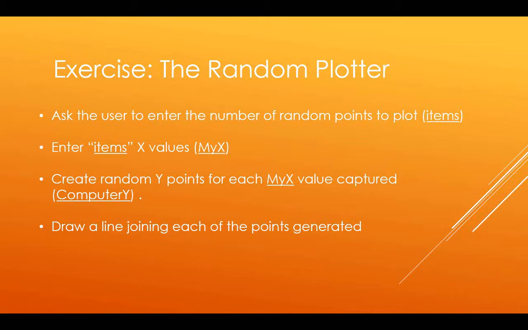Okay. And at the same time you're doing that, you need to get a y value, which the computer is going to choose at random. Which you can do directly after. You don't have to have a separate loop. One loop can handle both sets of values.